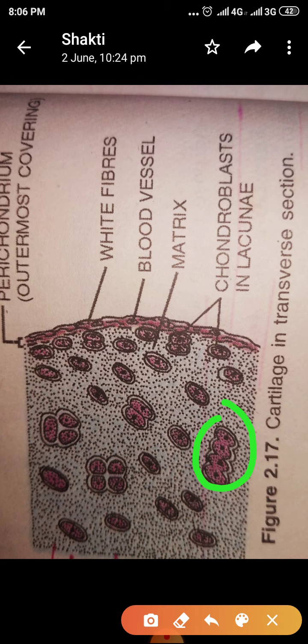And blood supply is restricted here. There is no blood supply inside; it is restricted to the outer covering.